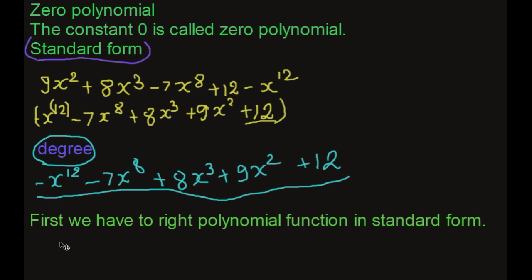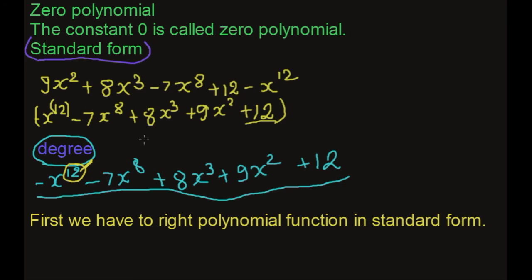Next we will calculate the degree. So the degree of this function is 12. The highest power exponent of a polynomial function is called the degree. So the highest power of this polynomial function is 12. The highest exponent of this polynomial function is 12. So we call this 12 the degree.